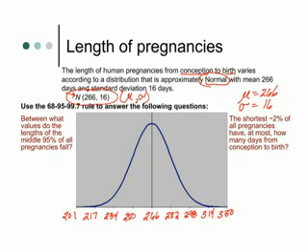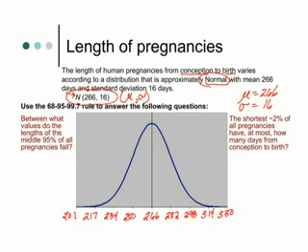In the first question, you are asked to state the minimum and maximum number of days associated with the middle 95% of all pregnancies. 95% corresponds to plus or minus 2 standard deviations.